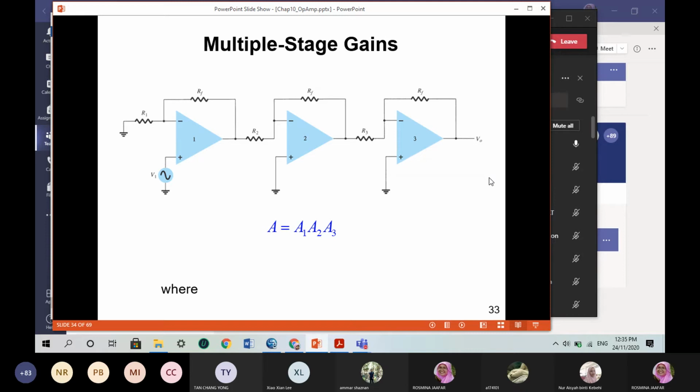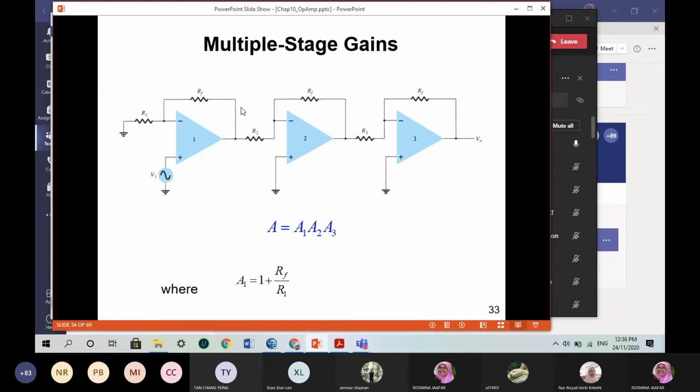So the total gain of this circuit, because the circuit is cascaded one after another, will be the overall amplification, where A total is equal to the first amplifier gain multiplied by the second amplifier gain, multiplied by the third amplifier gain, A3.